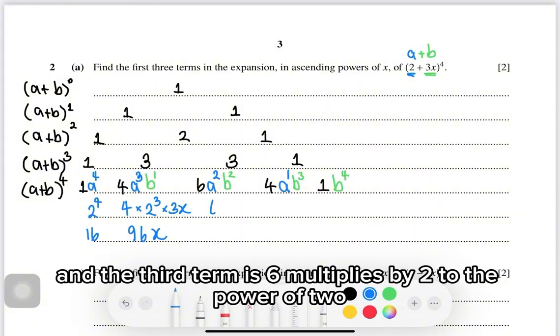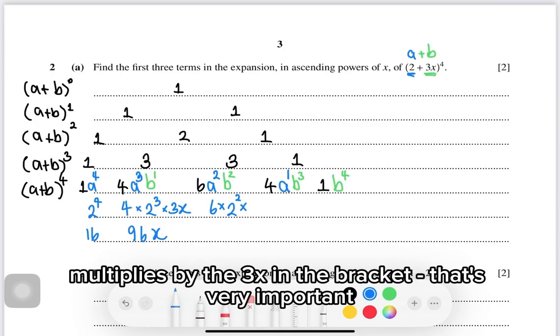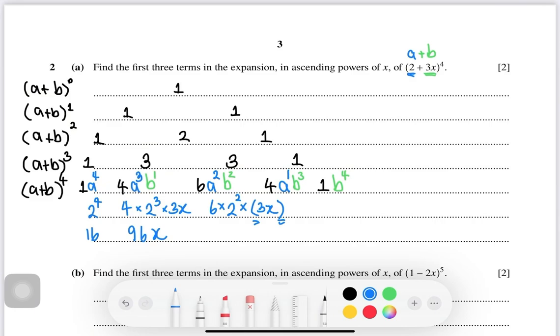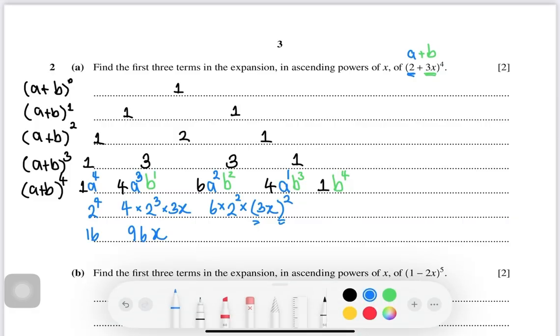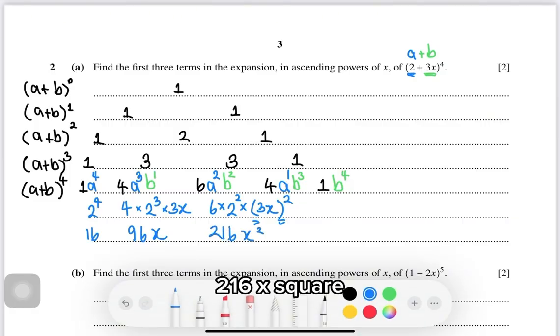And the third term is 6 multiplied by 2 to the power of 2 multiplied by the 3x in the bracket, that's very important, to the power of 2. And we will get 216x squared.